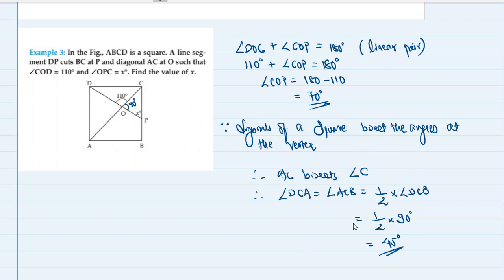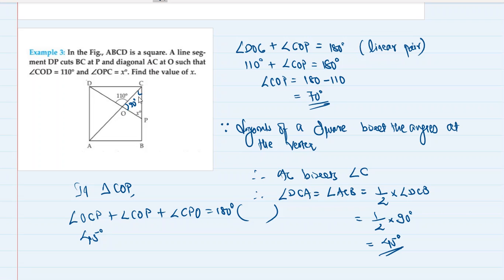Now, in triangle COP, angle OCP plus angle COP plus angle CPO is equal to 180 degrees. The reason being the angle sum property. We just found that angle OCP, or ACB, is equal to 45 degrees.